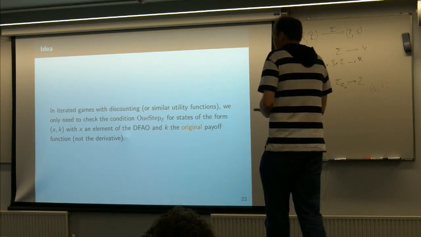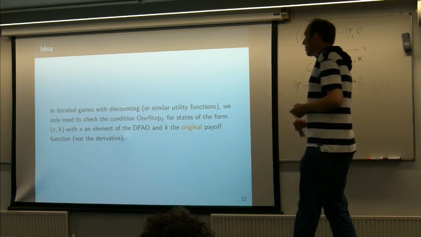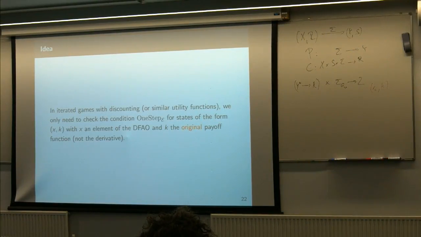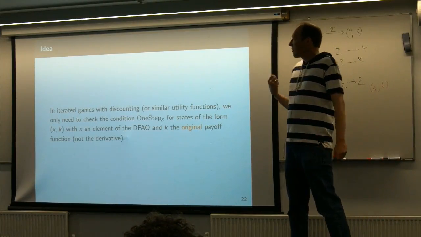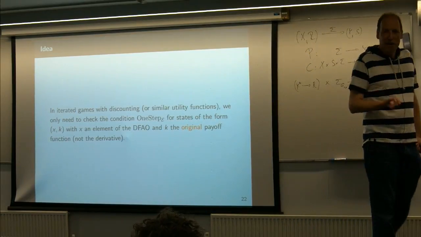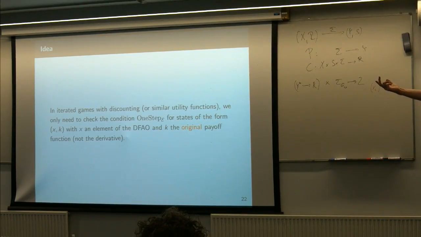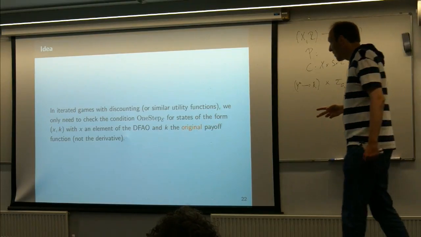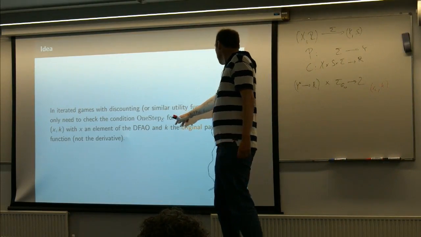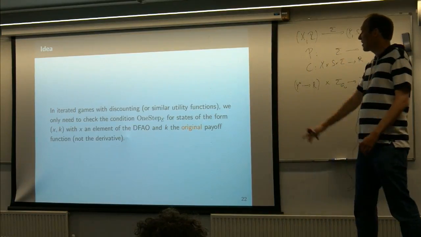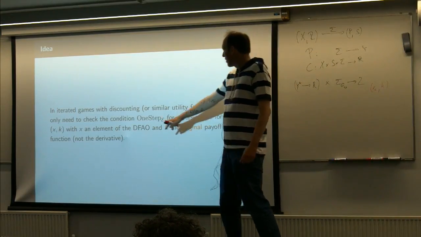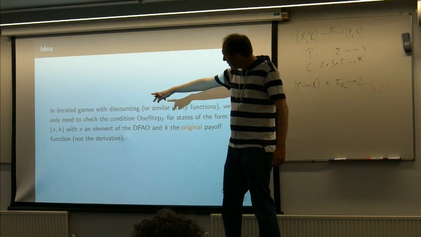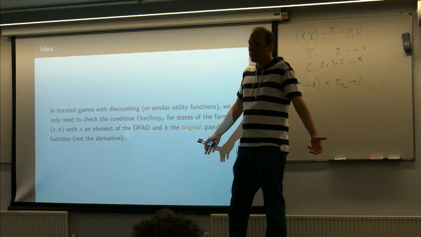The idea is that in these iterated games that work like the prisoner's dilemma, on the one hand, the payoff should be computed in a way similar to discounting. And also the one-step equilibrium should be similar to the argmax. That's what I forgot here. We need to check this condition only for states of the form xk, where x is an element of this automaton and k is the payoff function of the prisoner's dilemma.